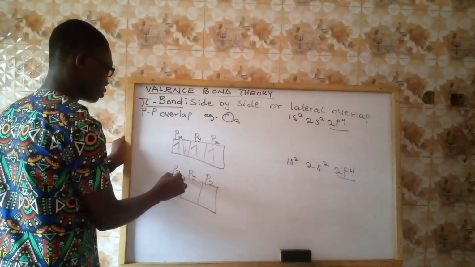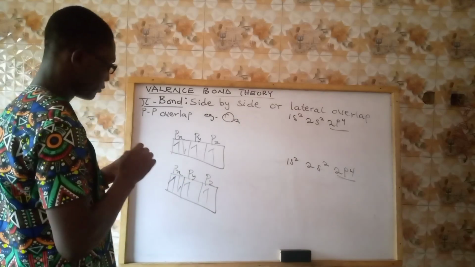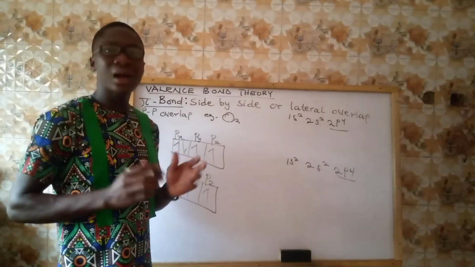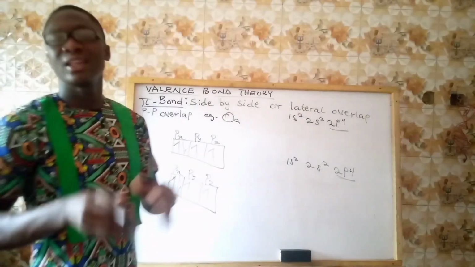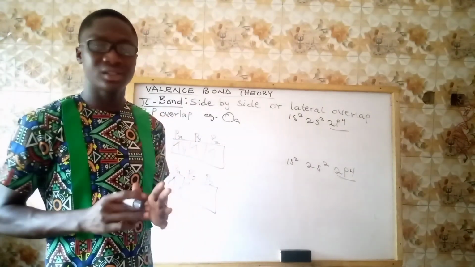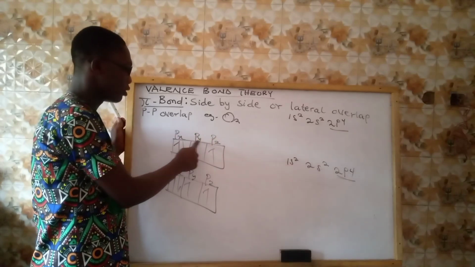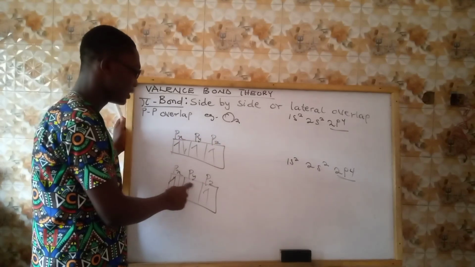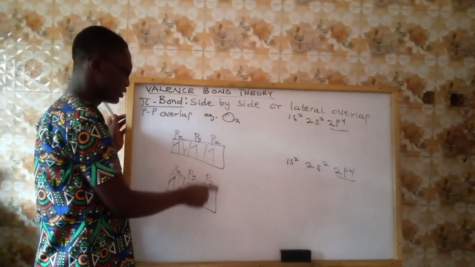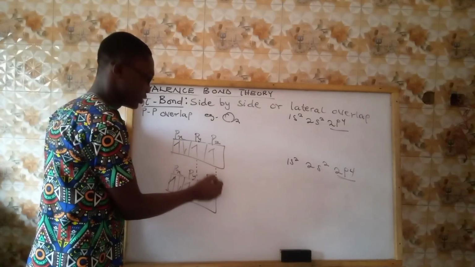So you have 4 electrons, 1, 2, 3, 4. Now for this one, the overlap won't be formed between S and P, but between P and P orbitals. So this py orbital will overlap with this py orbital, and this pz overlaps with this pz.